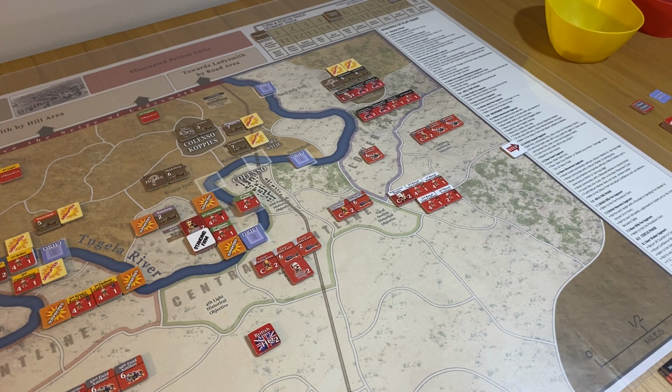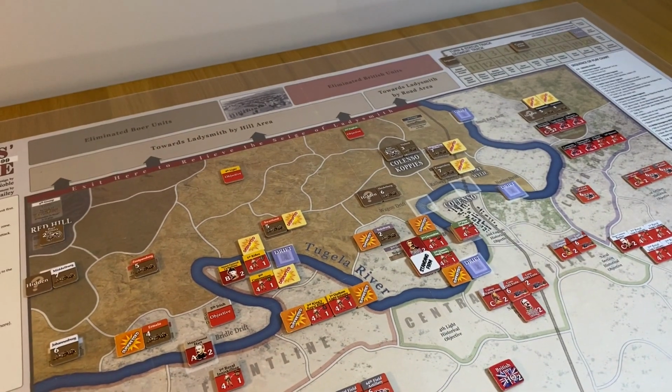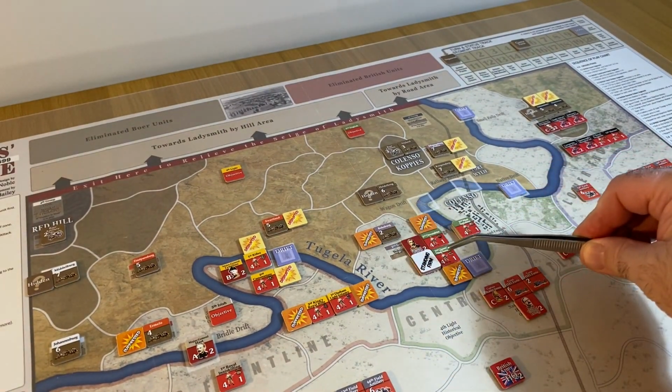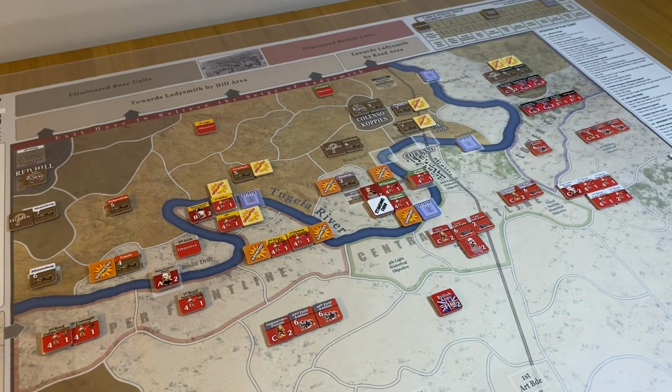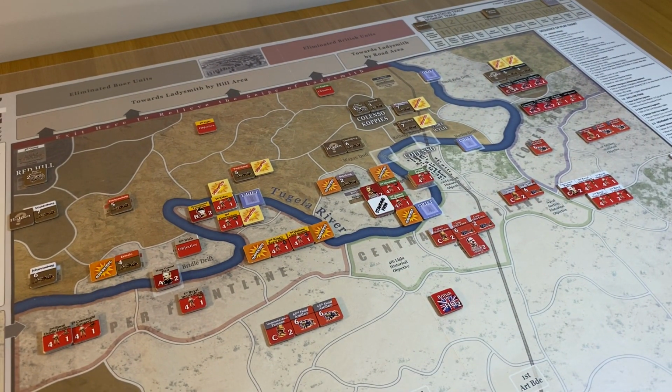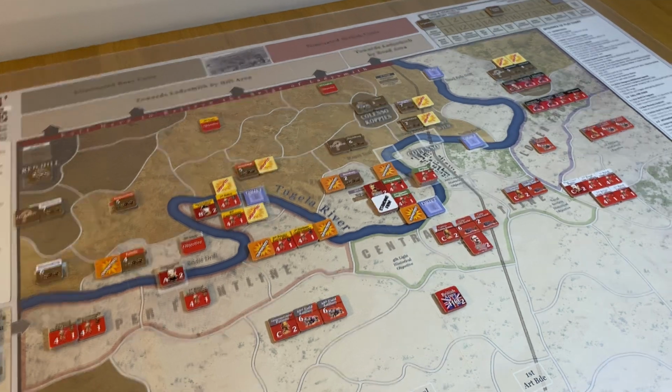So, right, does that mean that these guys fire in the assault segment and they can still fire in the rifle fire phase? Yeah, I don't think I've seen anything that says they can't do that, so alright, okay. Right, well, we'll see.